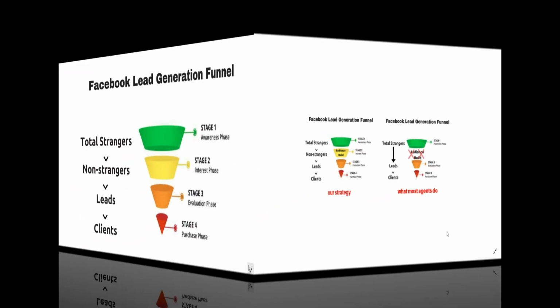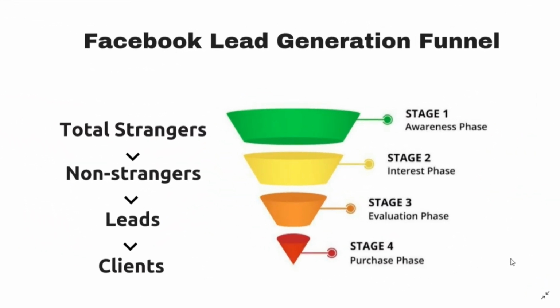So here we go. Okay, so the first stage, stage one, here's what we're going to do. We're going to run an ad to the zip codes of the areas that we want to serve in, or offer our services.